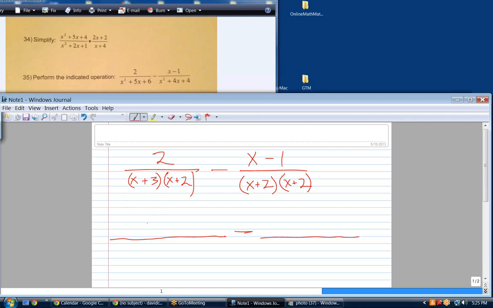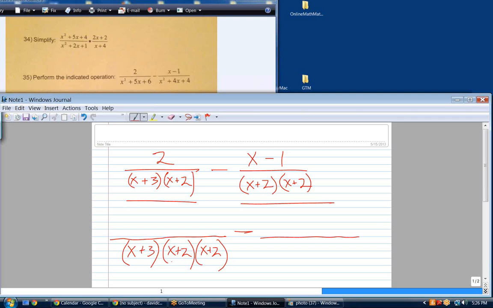Because x plus 2 divides into that evenly. So here's going to be my common denominator. I need an x plus 3. I need an x plus 2. No, you're right. I need 2 of these. So there's my common denominator, but I don't need to multiply this whole thing by that whole thing.